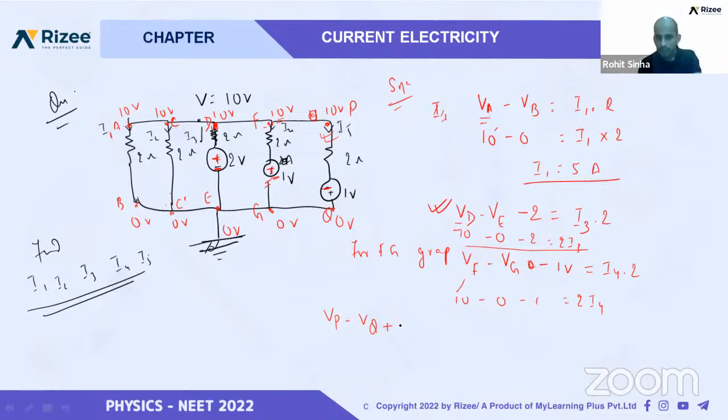Then plus 1 volt is equal to I5 into 2. Okay, put this 10 volt, 0 volt, and you will get the answer of I5 also. Any problem here? You can ask any problem. Then I will also show you one more method. Any problem to anyone? Okay.